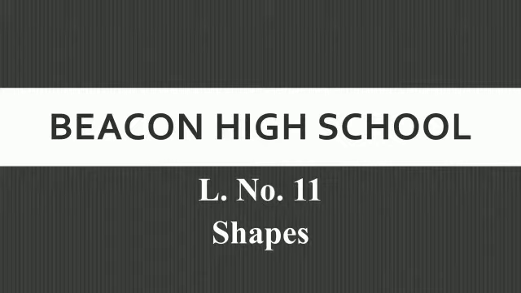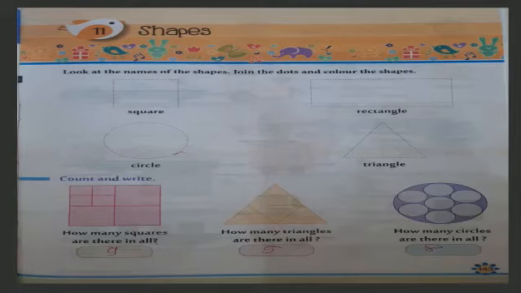Today we are going to learn an interesting lesson, that is shapes. There are different shapes which we see in our daily life. But in this lesson we are going to learn only few shapes, that are triangle, circle, square, rectangle and oval.